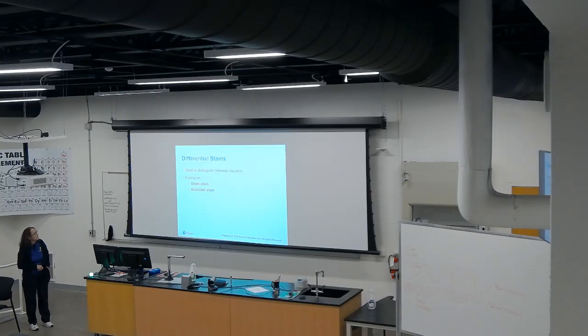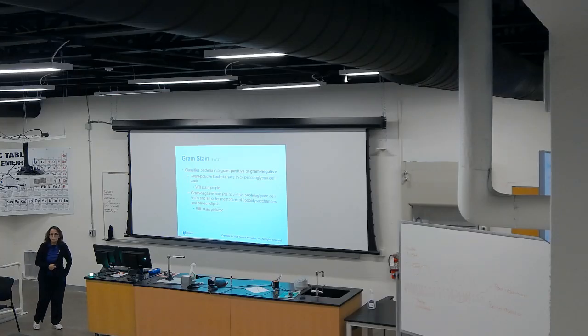Thank you. So, now let's look at differential stainings, the stainings where we use two or more dyes. So we have the most used ones, which would be gram stain and acid fast. So let's look at the details for gram.